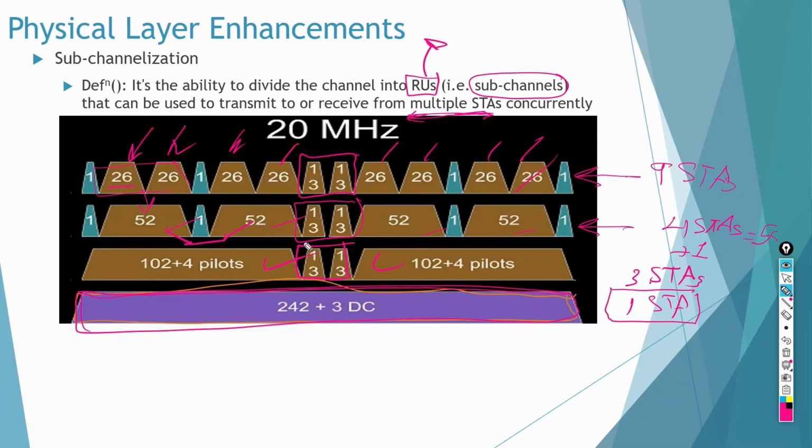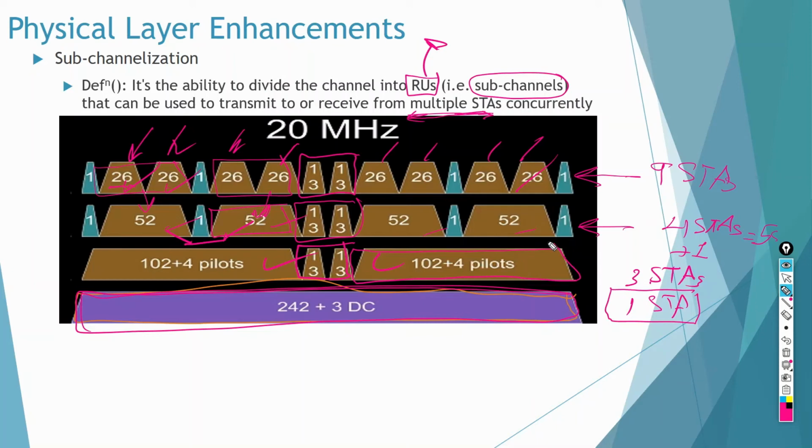Okay, I can also mix and match RUs together. So maybe I can assign this to a user, this to a user, and I can bond this into something like this with 52 subcarriers and assign it to a user. Also, I can assign the remaining chunk as a whole to another user.